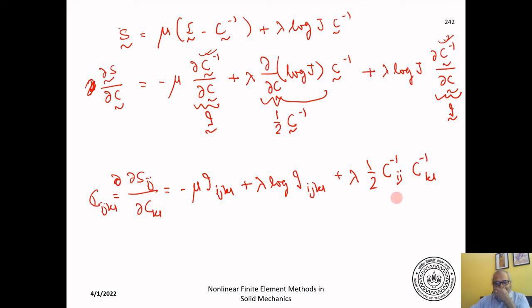This can be written in bold notation as C inverse dyadic C inverse, which leads to a fourth order tensor.